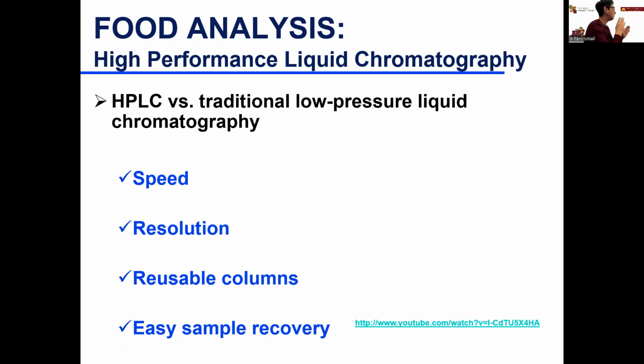Depending on what you're injecting and what your mobile phase is, a column can last for 1,000 to 3,000 injections. Whereas the low pressure chromatography columns, you have to repack again and again because you lose some of the particles because they are loosely packed compared to the high performance liquid chromatography columns.